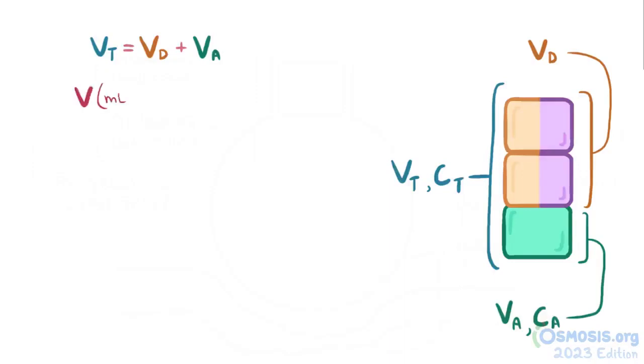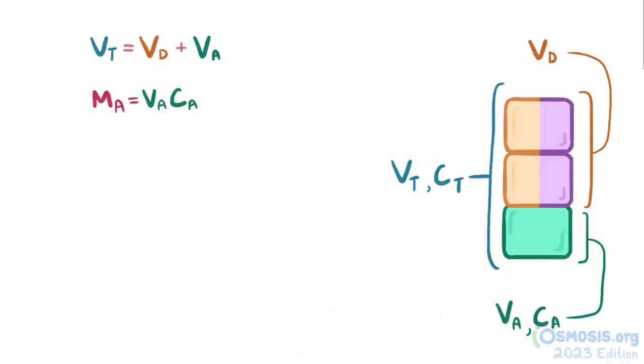Now, if you take a volume in milliliters and multiply by the concentration in, say, milligrams per milliliter, then you end up with the total amount of that something, m, in this case measured in milligrams. That means that the total amount of carbon dioxide in the alveoli is the volume Va times the concentration Ca.